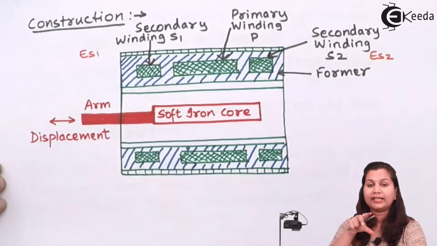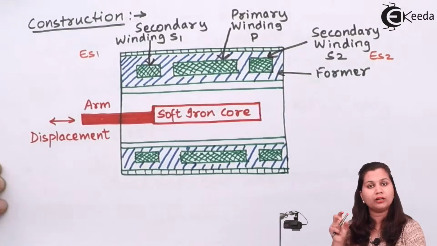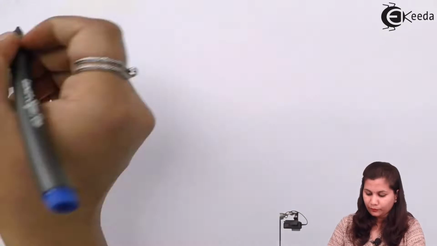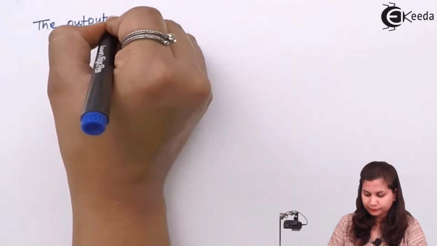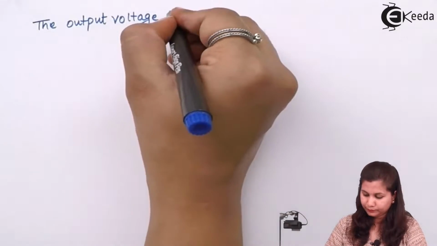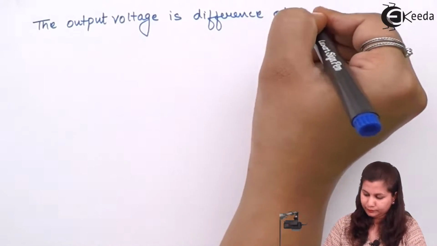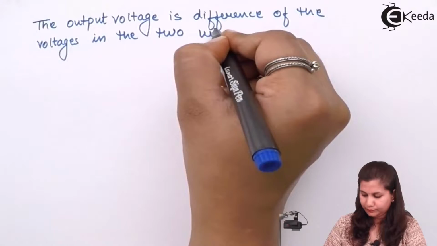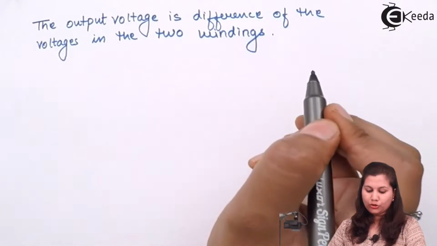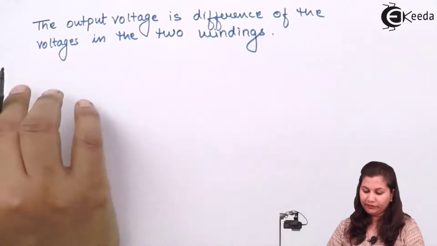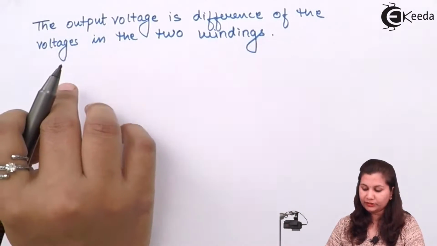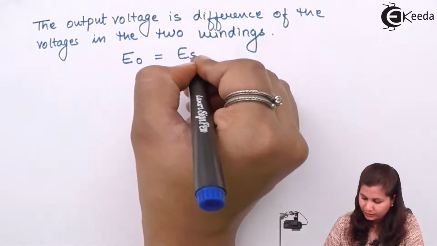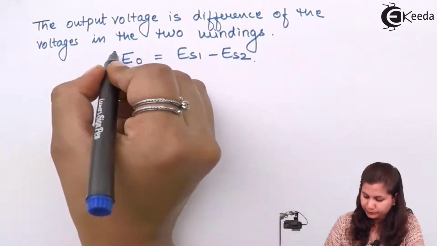So that is why we are getting a differential output voltage from the LVDT.